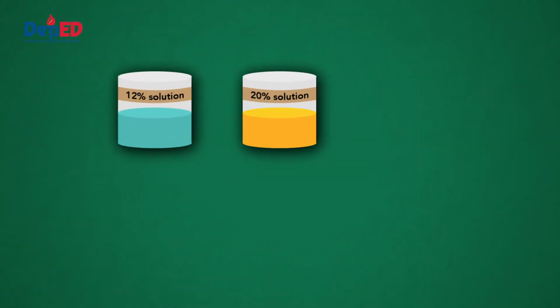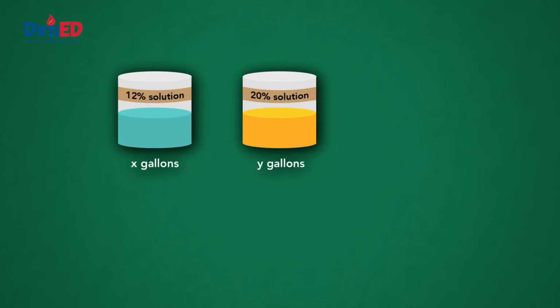What we need to do first is to represent this problem using a mathematical model. So imagine that there are two containers, one for the 12% acid solution and one for the 20% acid solution. We do not know the number of gallons of acid there are in each container. So we can let X and Y represent those quantities in gallons.